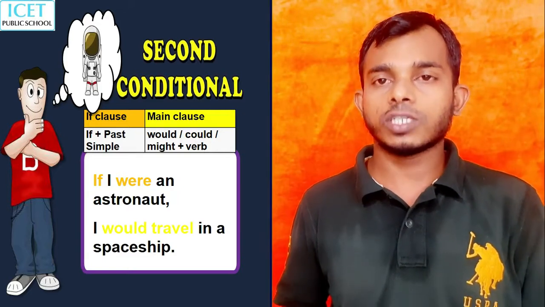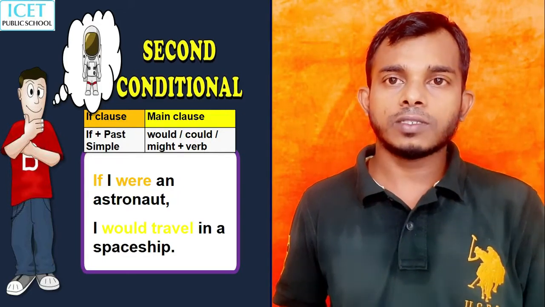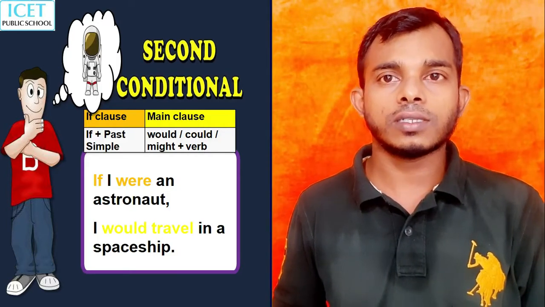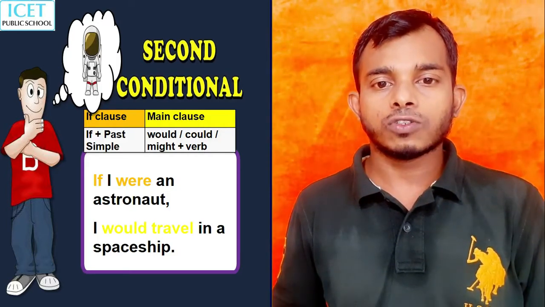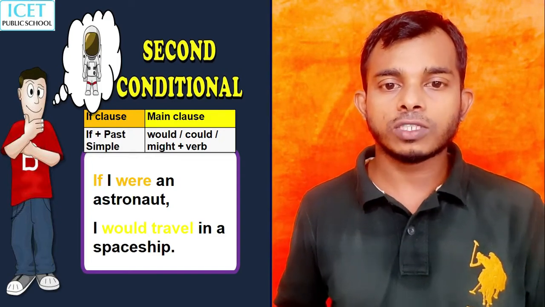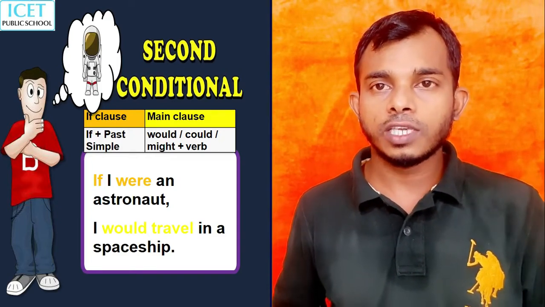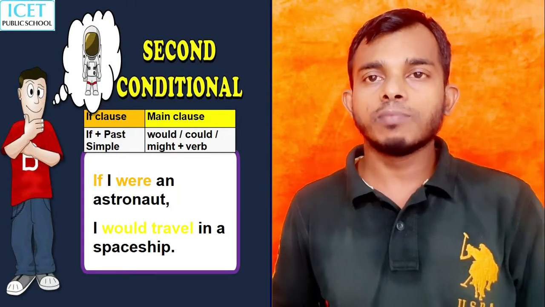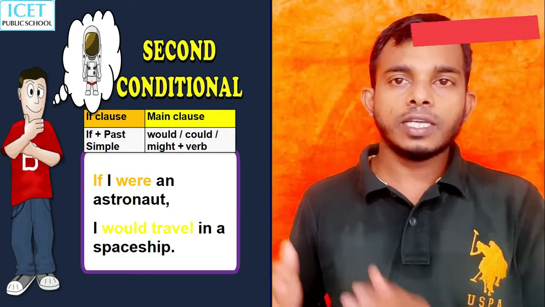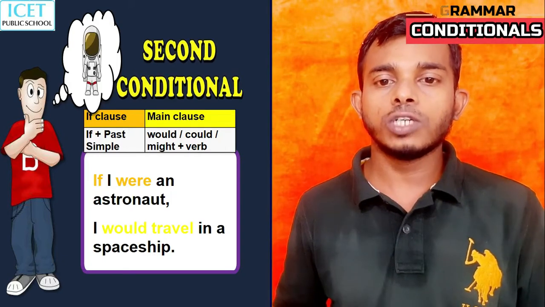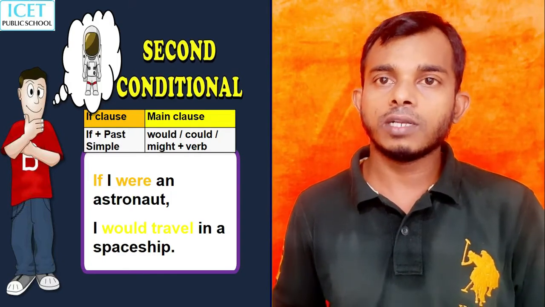Now the second conditional. The third type of conditional sentence is the second conditional clause. This is important and different. The if clause will be written in if plus simple past, and then the main clause will be written with would, could, or might, plus verb.